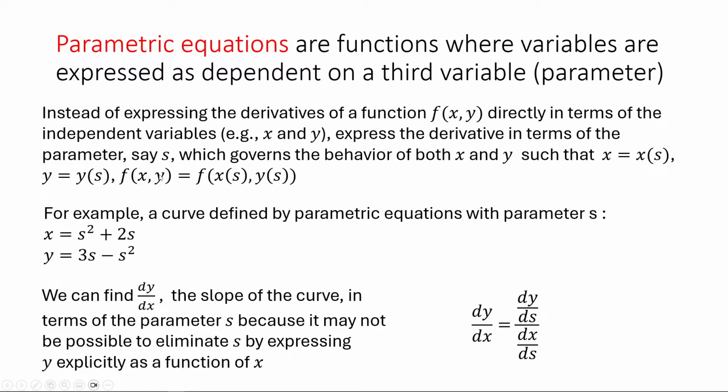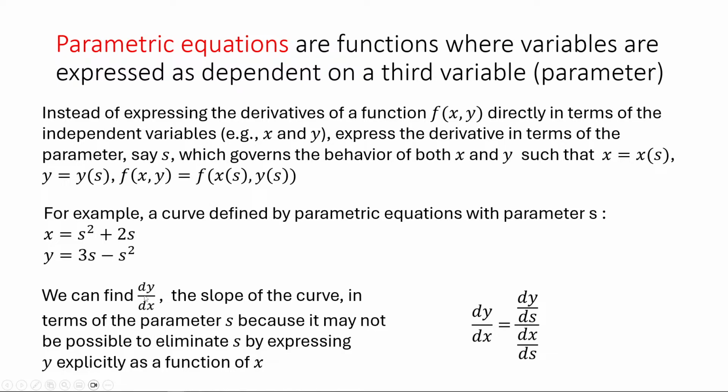What we can do is express the derivative in terms of the parameter, let's say s, which governs the behavior of both x and y. That's called a parametric equation. So for example, a curve is defined by a parametric equation with respect to s. You have x as a function of s, and y as a function of s. And that's how I could relate x and y.